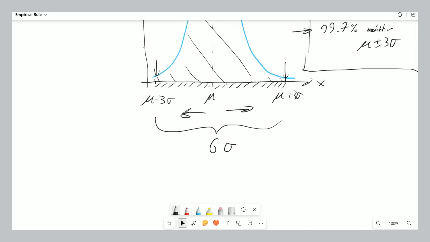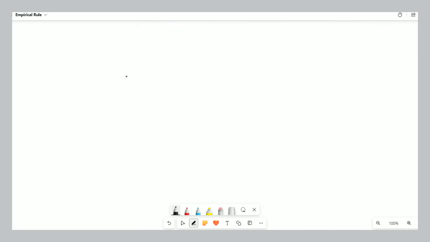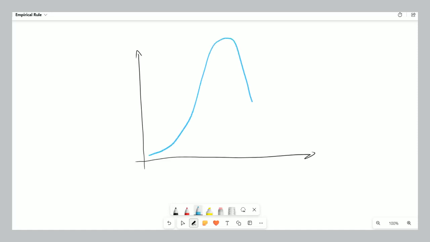So let's do an example. Let's say there's a test, and it's assumed that the test scores follow a normal distribution. And let's say the average on the test, what was scored on the test, was 65. So the mean value is 65. And let's say the standard deviation was equal to 10. Okay?